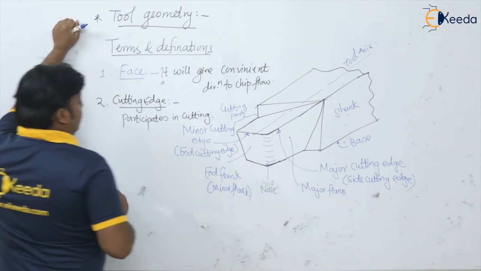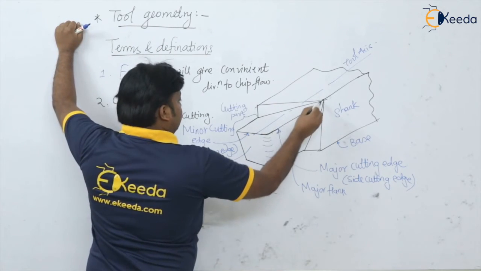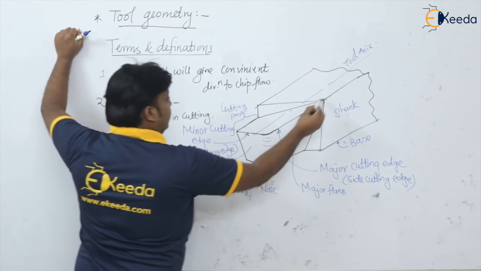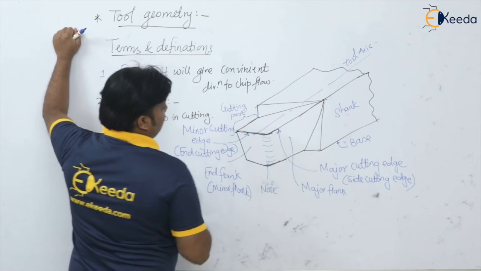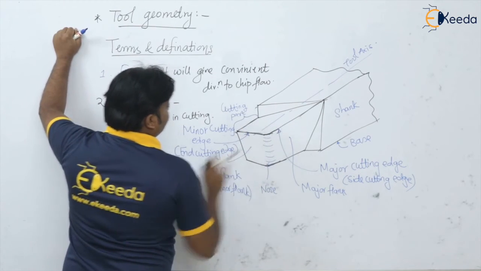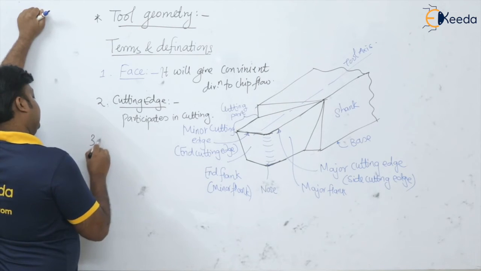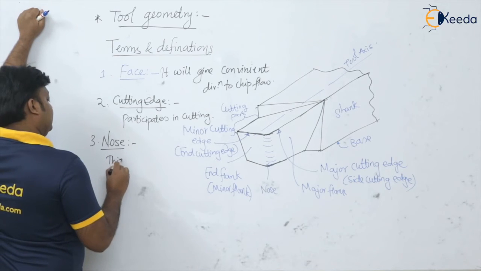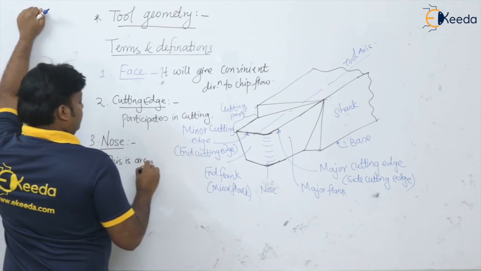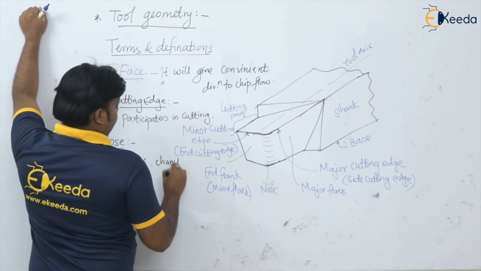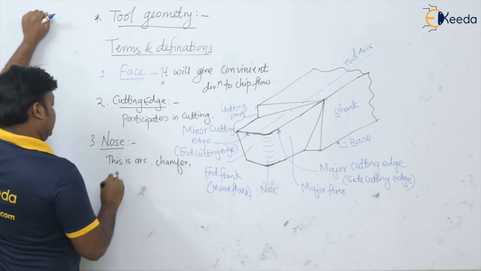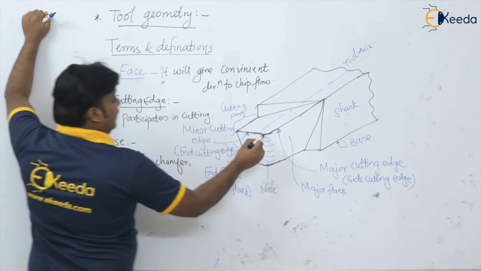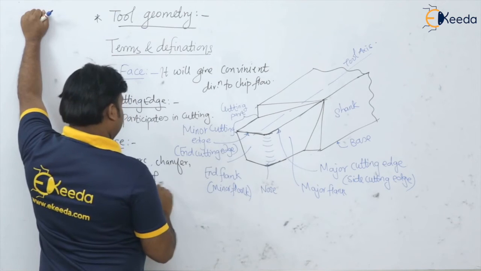Which cutting edge is it? This is the major cutting edge and this is the minor cutting edge. Or this is the side cutting edge and this is the end cutting edge. Third thing is the nose. So nose is the arc or chamfer, or a junction of the side cutting edge and end cutting edge.